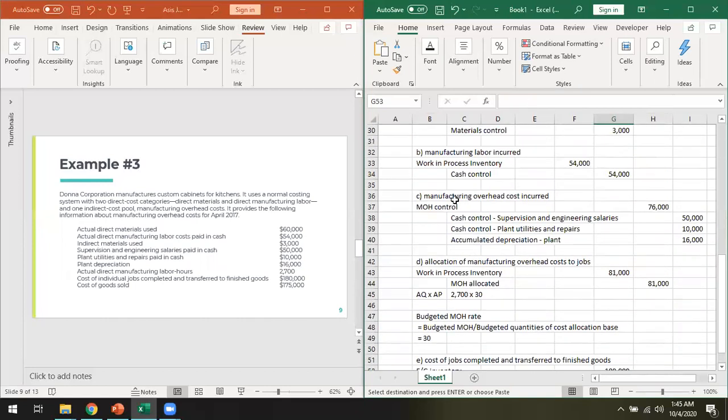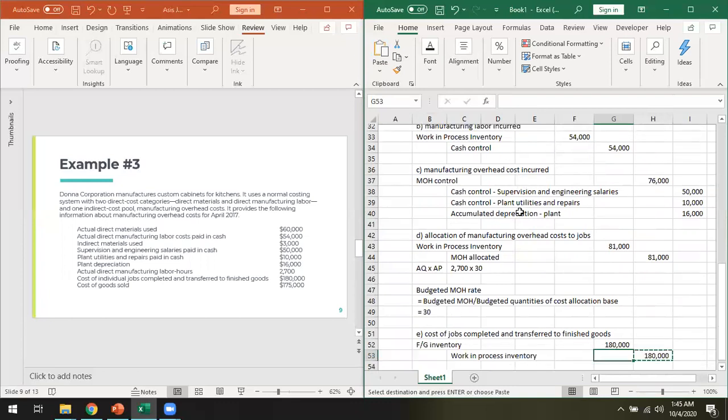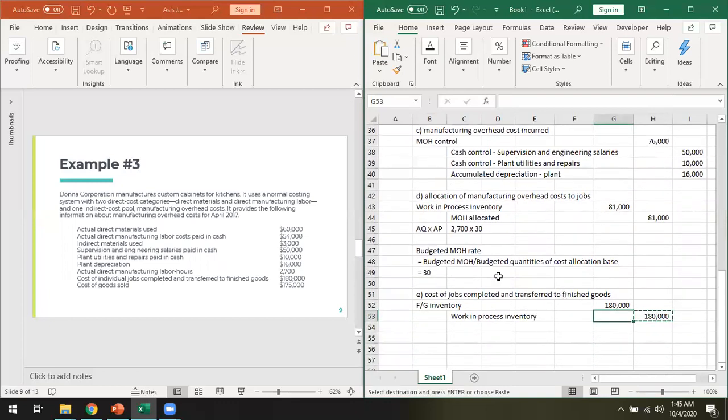We know that the work in process inventory was previously a debit. If we want to reduce the amount because we transferred that inventory into finished goods inventory, we put this work in process inventory on the credit side.